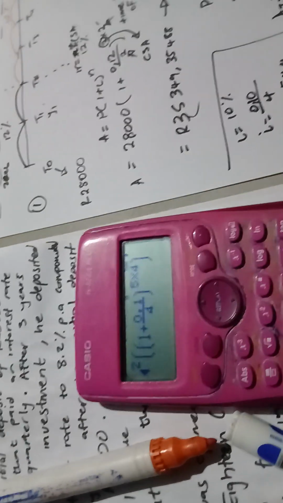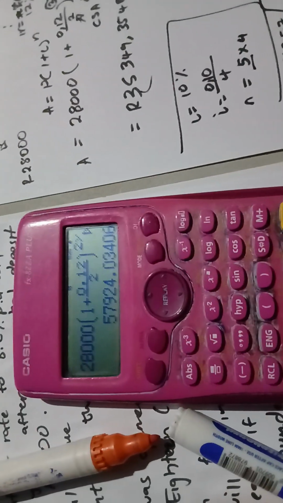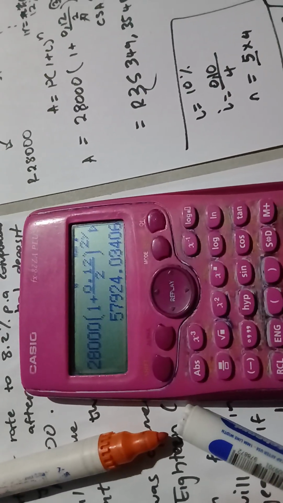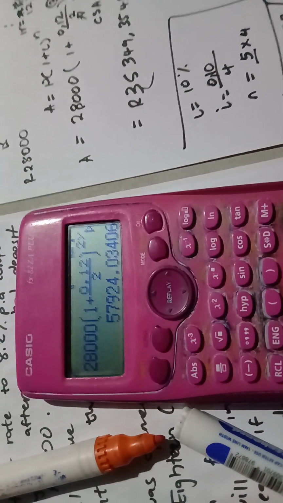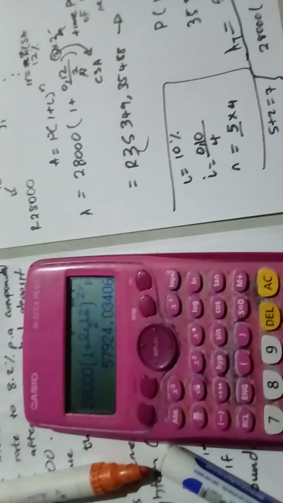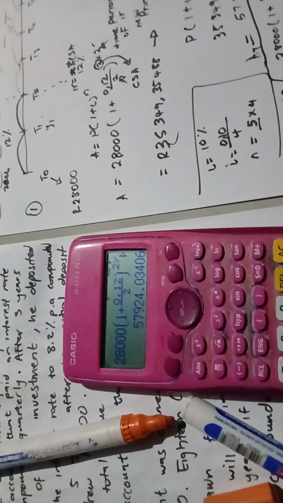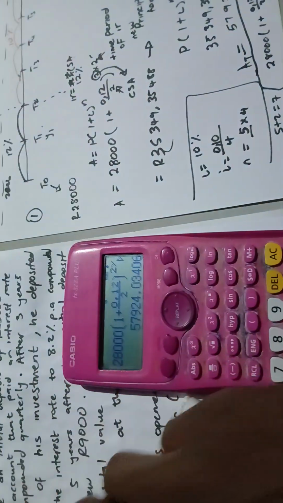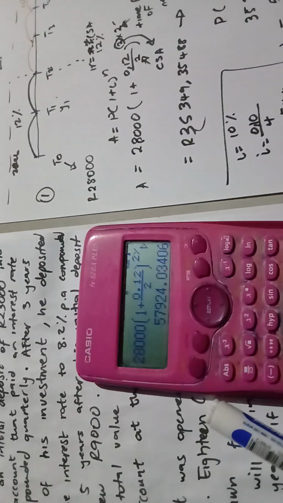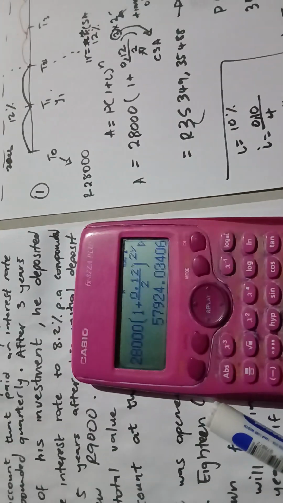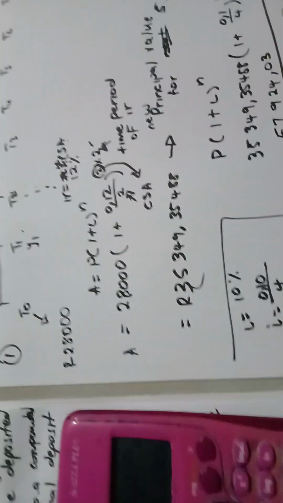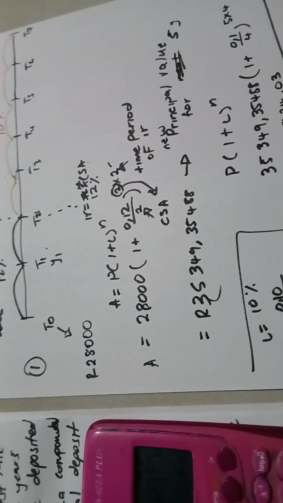Then close the bracket, and we will receive the same amount of money, 57,924 and 3 cents. See, it's the same thing. So it just depends on which method you prefer. I prefer this method, but you can still use the other one if you want to. So don't take shortcuts like me.